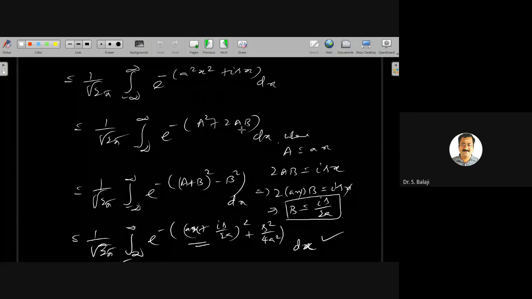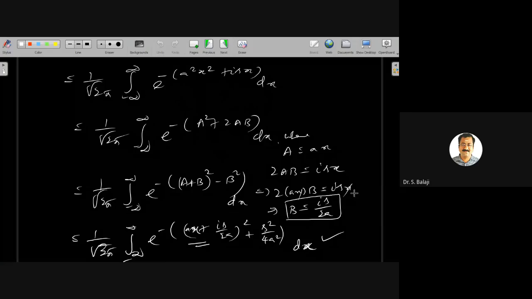If you treat it like a square plus 2ab, what is a here? a is ax. So in the next line: 1 by root of 2 pi integral from minus infinity to infinity e power minus of a square plus 2ab dx. Here a is ax, and 2ab is isx.